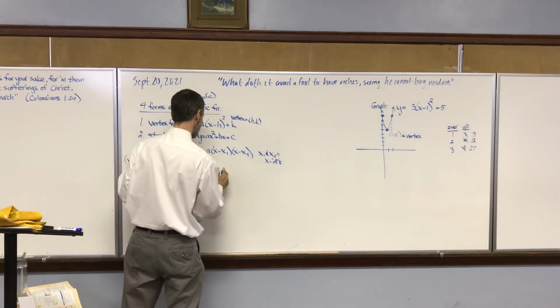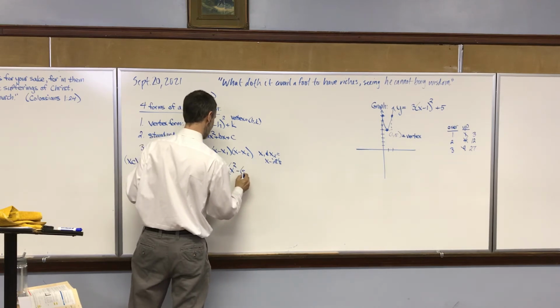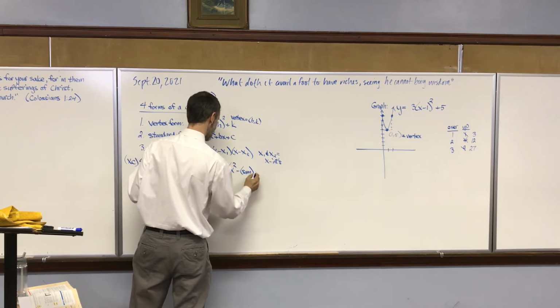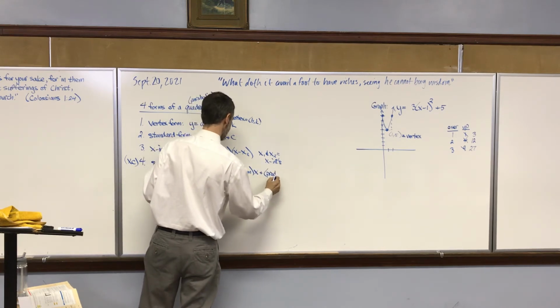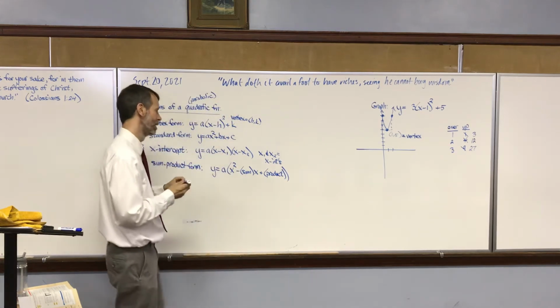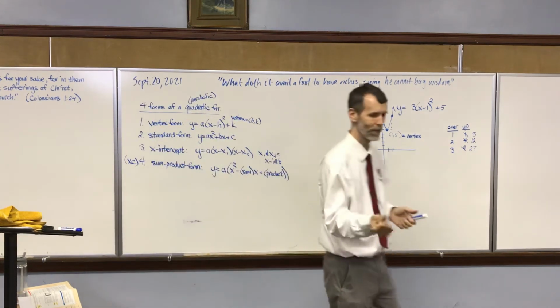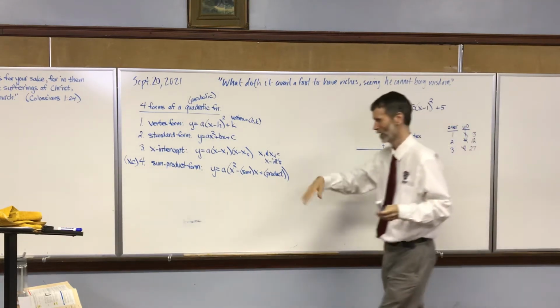Y equals a, parentheses, x squared minus sum times x plus product. X squared minus sum times x plus product, with the a way, way, way in front, multiplying everything.